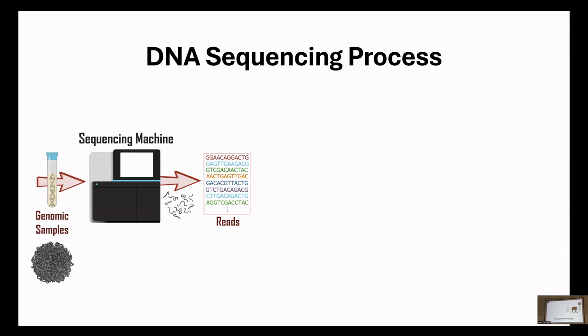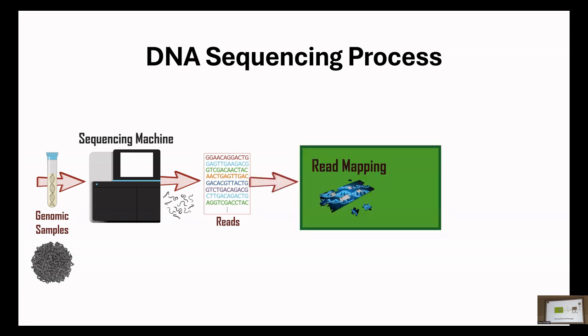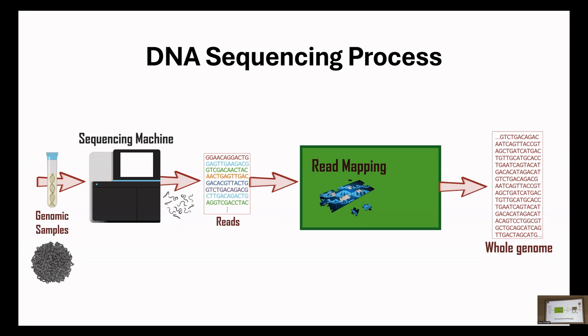Now, these reads, we don't know where they came from, because as I said, this is what the DNA looks like in our cells. So we need to understand where each read came from, and this is called the read mapping process. And after the read mapping, we can have the whole genome. And this read mapping is the bottleneck of the entire DNA sequencing process.